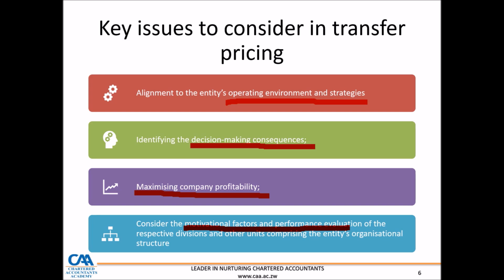Because, for example, if a division is given a transfer price that compromises its performance measurement targets, it is going to result in suboptimal behavior, whereby a division or a subsidiary is more worried about its own performance at the expense of the overall company objectives and strategies.